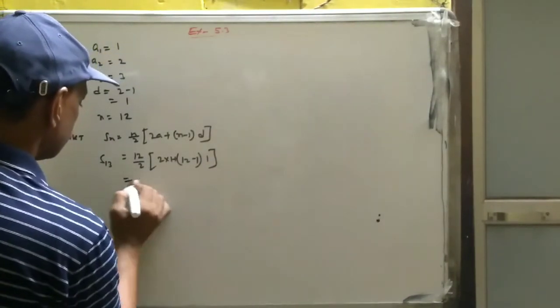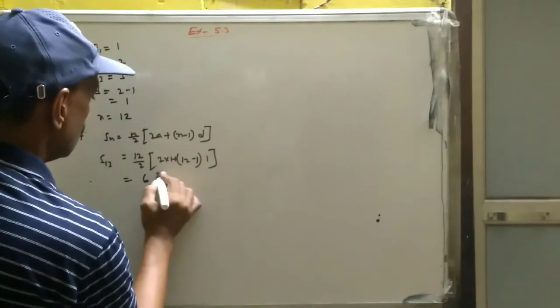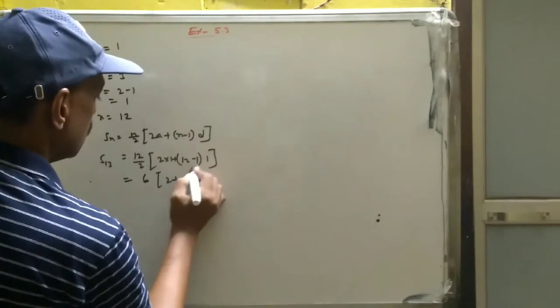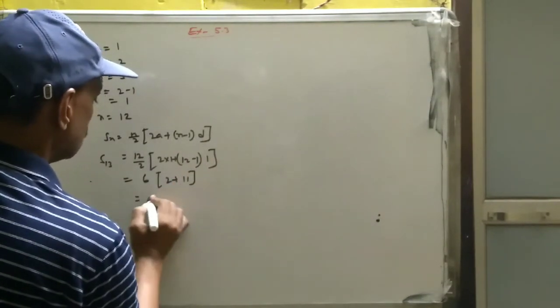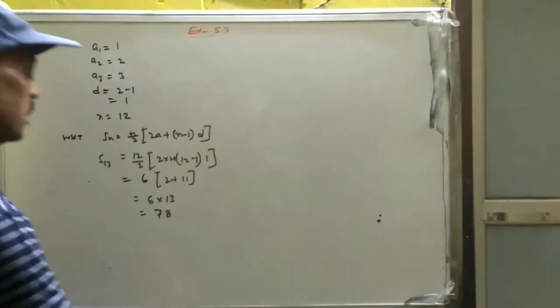Okay, this is 6 into 2 plus 11. 6 into 13, that is 78.